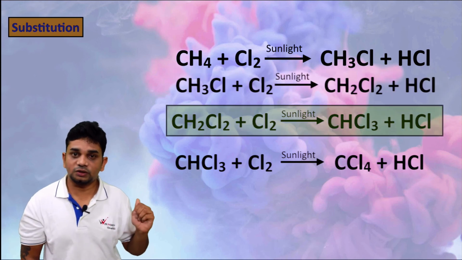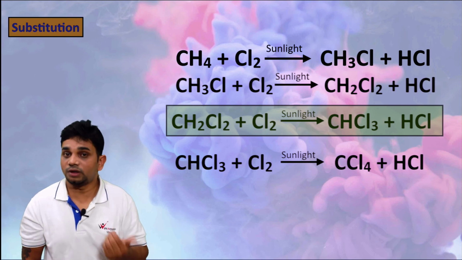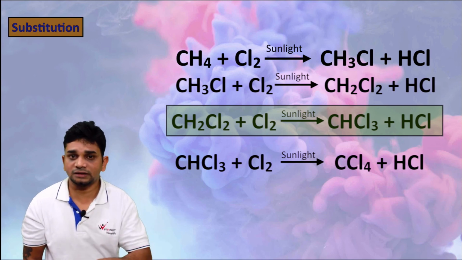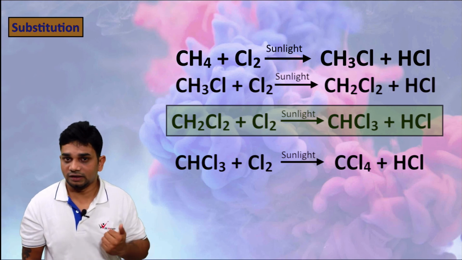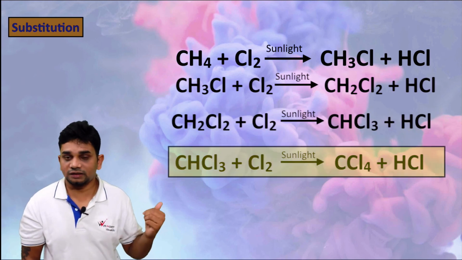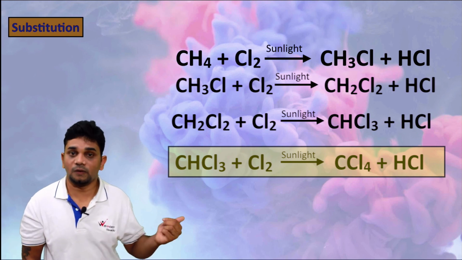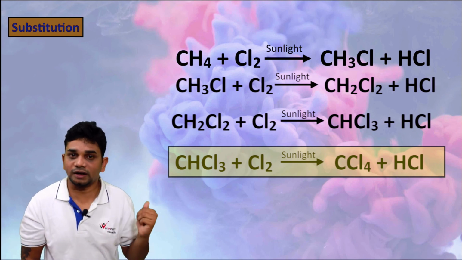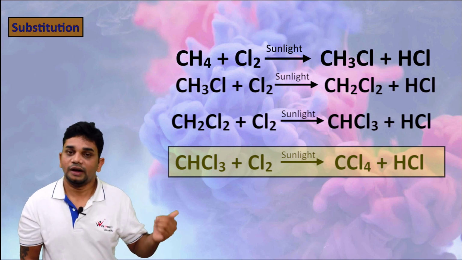Next one, CH2Cl2 plus Cl2 gives, what would be the product? Reduce one hydrogen, add one chlorine. It will be CHCl3 plus HCl. Next one, CHCl3 plus Cl2 gives CCl4, reducing the one hydrogen. Only one hydrogen is there, right? We are going to reduce that hydrogen: CCl4 plus HCl.